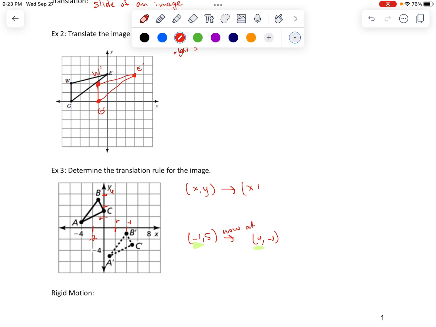So this is now x plus 5. Then you have to ask yourself, okay, how do I go from 5 to -1? You have to subtract 6. So y minus 6. This is our translation rule. So once again, make sure you're checking out your graph and figuring out if you're going by 1s, by 2s, by 3s, whatever you're going by. And then if it helps, you can use coordinates and use that example to figure out what you are moving left, right, up, down by. Okay.